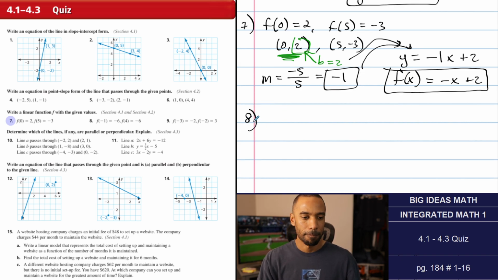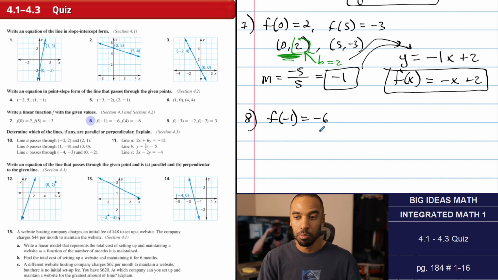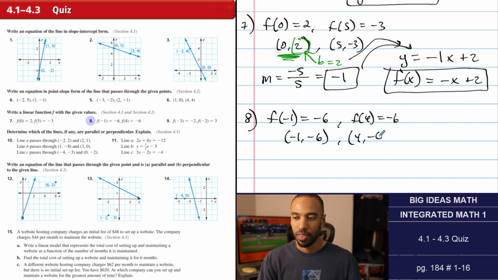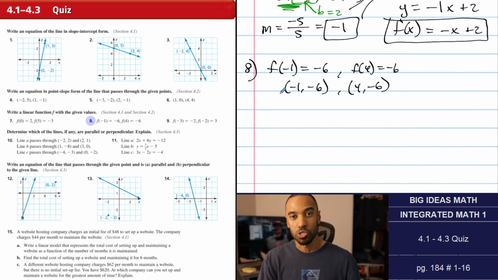Number 8 has f of negative 1 equals negative 6 and f of 4 equals negative 6. This time you don't have the luxury of a y-intercept because none of these are inputs of 0. That's negative 1, negative 6, and f of 4 equals negative 6. But this does have a different luxury, and that luxury is your slope being 0.